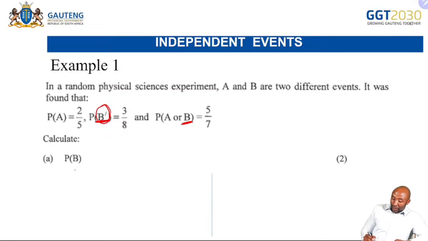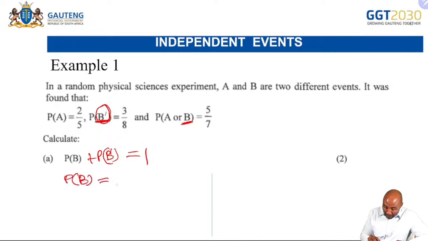You will agree with me that the probability of B plus the probability of not B should give us 1, because these are complementary events. Therefore, the probability of B will be given by 1 minus the probability of not B. Using the equation, 1 minus 3 over 8 will give us an answer of 5 over 8.